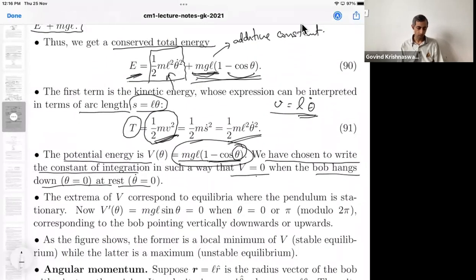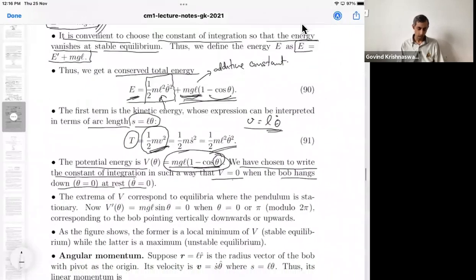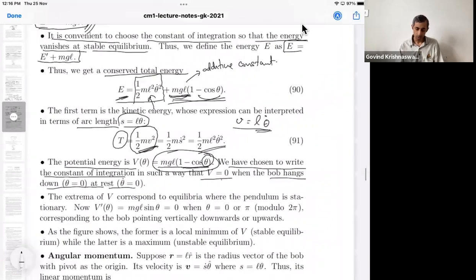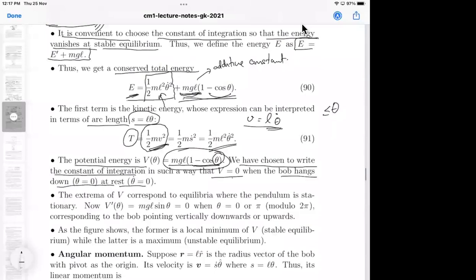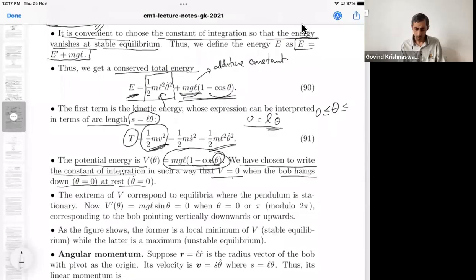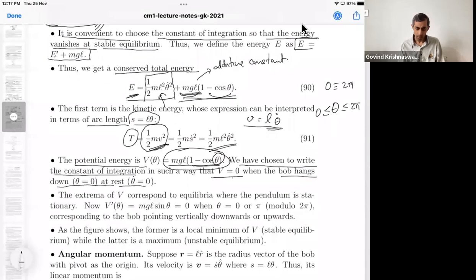It is time for us to plot this potential energy. So let us do that. First, please remind me, what is the range of theta? 0 to 2 pi. Very good. 0 to 2 pi, with 0 and 2 pi physically identical, or the two are congruent modulo 2 pi.